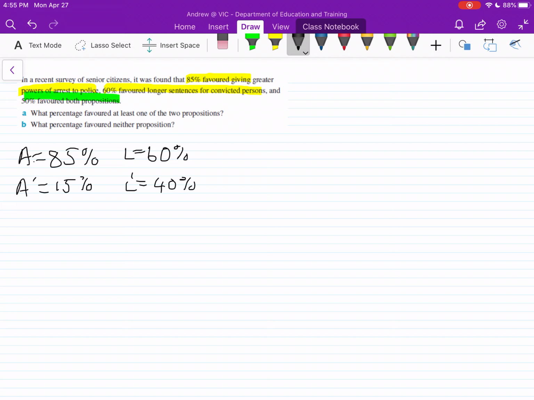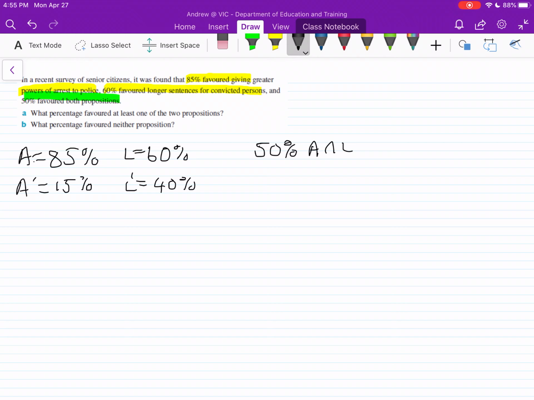And then 50% favoured both. So 50% favoured A and L. So 50% favoured both of these propositions.